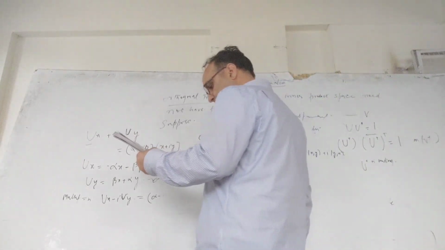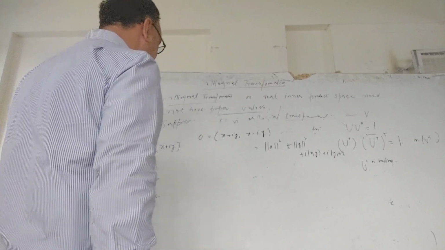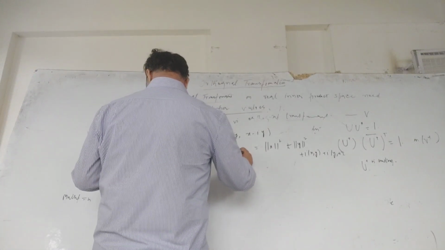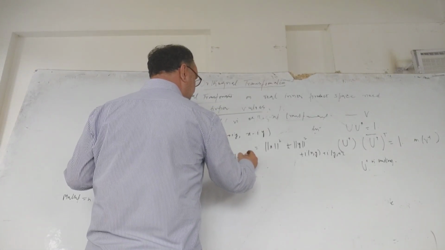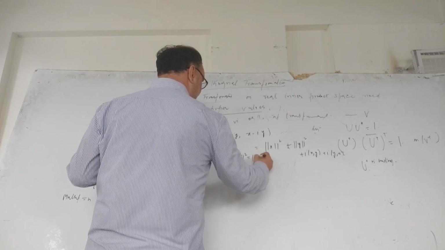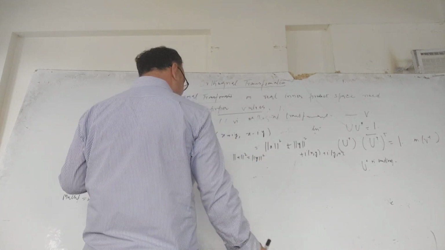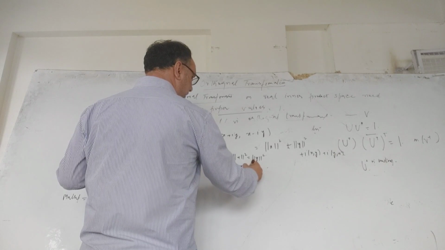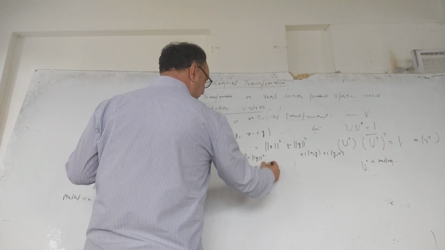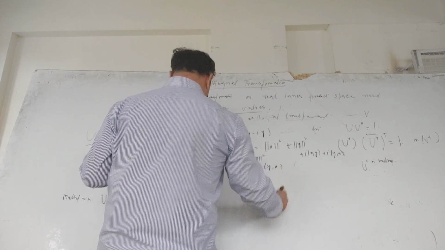That's fine. Now the point is that if modulus of x is equivalent to modulus of y square, this means xy is equal to minus yx.